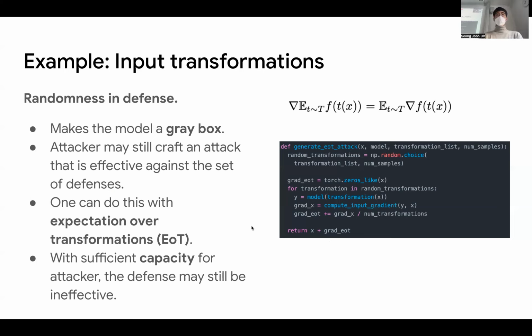So this is pushing the limit for the capacity of the attacker. If the attacker has full capacity for addressing many possibilities for transformations at test time, then you can attack all of them at the same time.